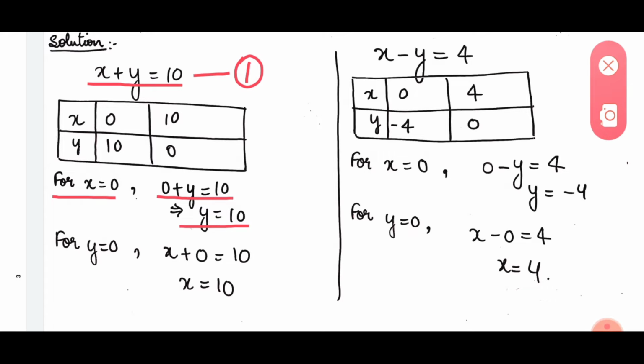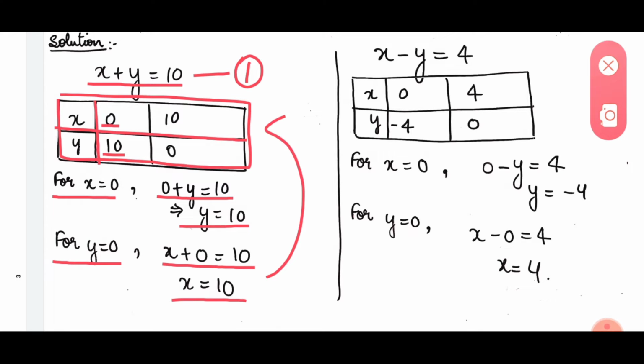Okay, make a table like this and then note the values as soon as you get it, right? That means for x equals to 0, you got the value of y as 10. Now let us put the value of y as 0 and let us solve the value for x. So you will get x plus 0 is equal to 10 and then x is equal to 10. Then note this value here.